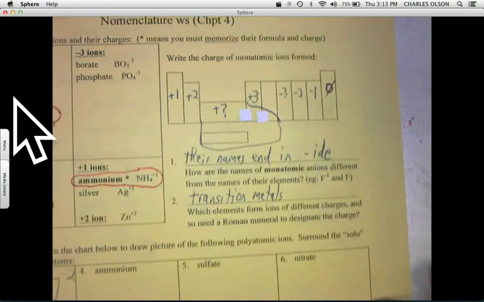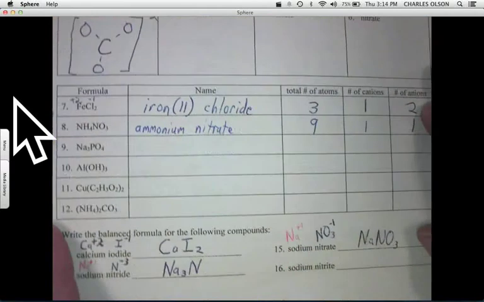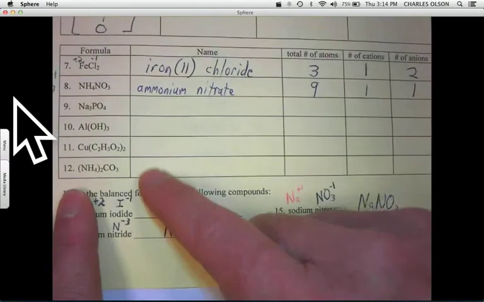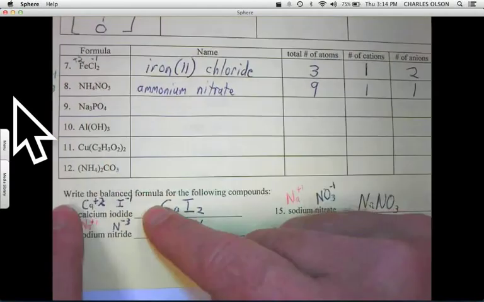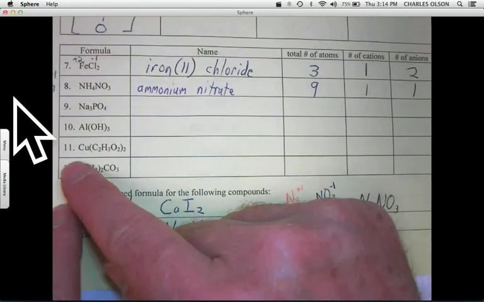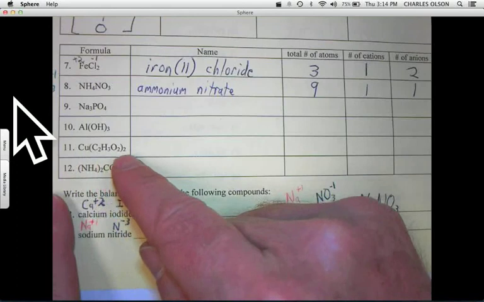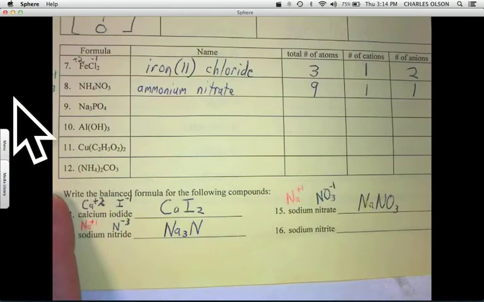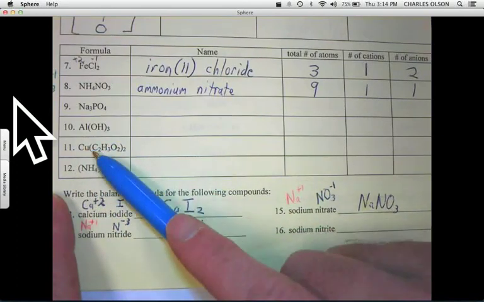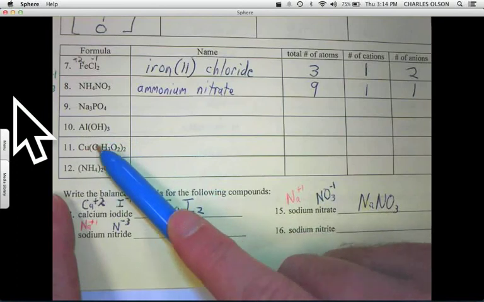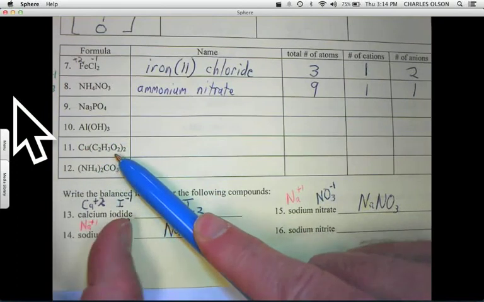Okay, so let's do a sample problem. Let's go down to this section and do number 11. C2H3O2. My goodness, what a formula. But hopefully we'll see this seems to be a polyatomic ion.